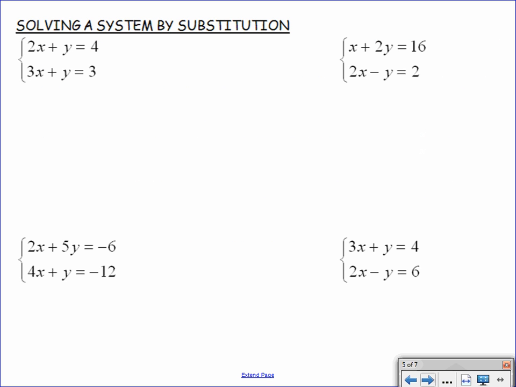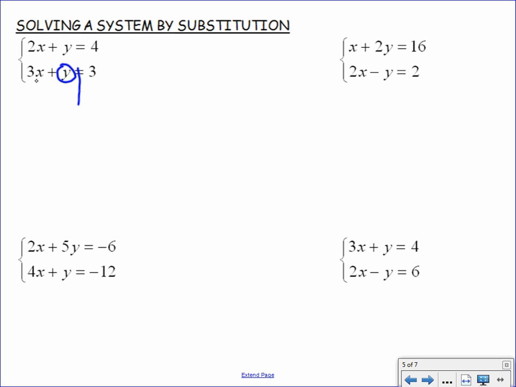Okay, so solving a system by substitution. If we know that we can rearrange an equation, we are going to rearrange one of these two equations. It really doesn't matter which one. I'm going to rearrange this bottom one here, and I am going to solve it for y.